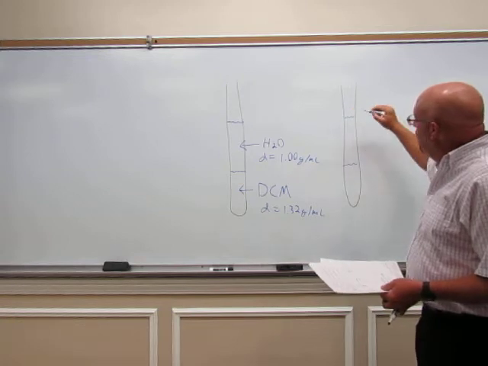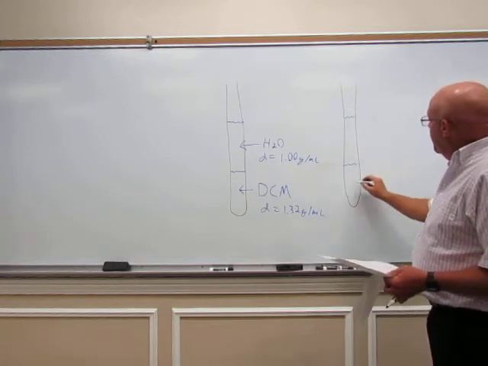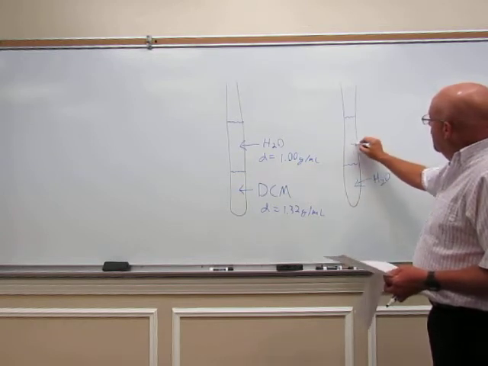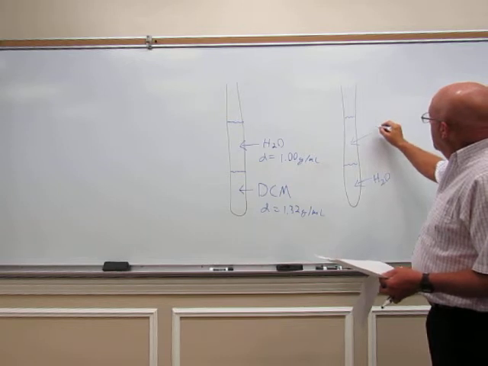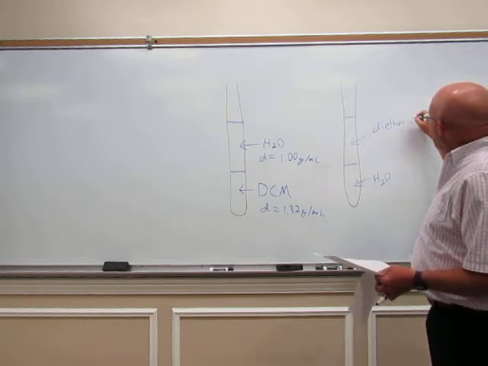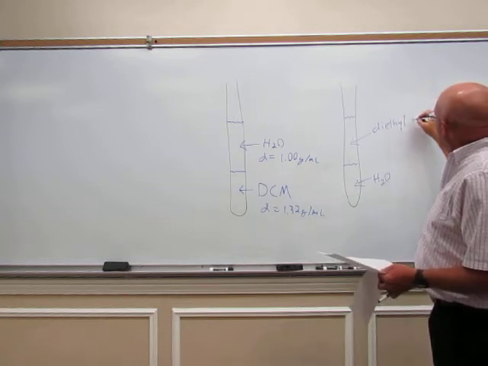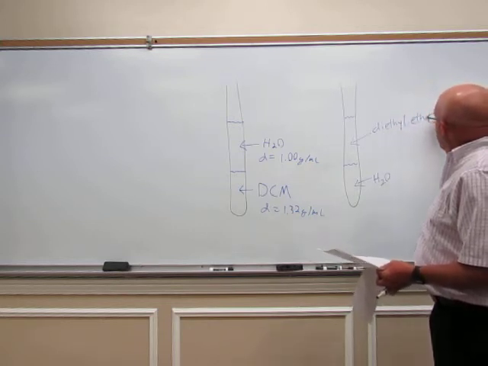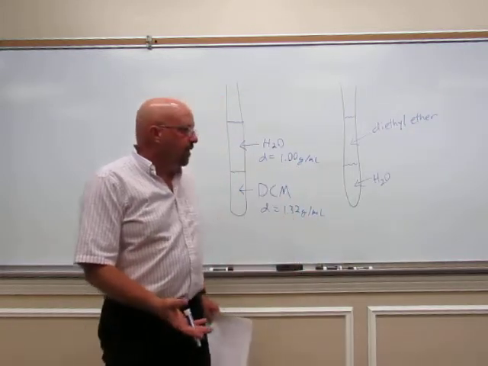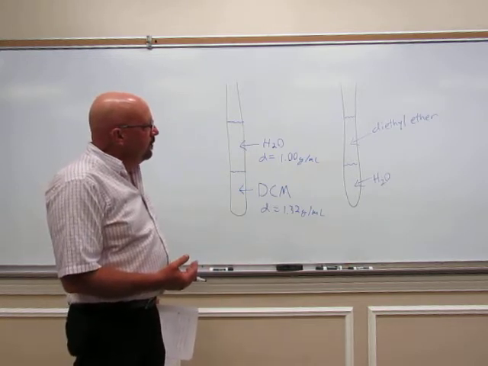Most organic solvents are less dense than water. So let me give you an example of that. Diethyl ether is a common solvent. That's a very common solvent. We'll learn what the structure is here coming up in the future.